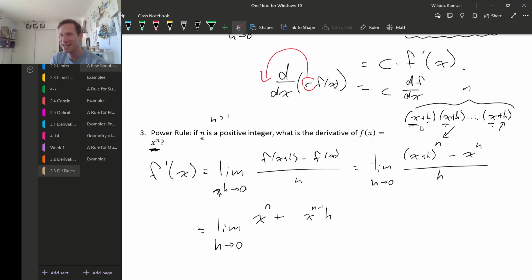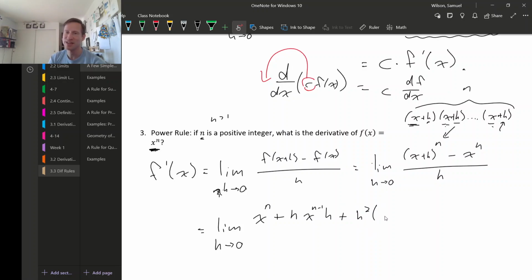Or we could choose an x and then an h and then x's in the rest of them. So how many different ways are there to choose only one h? Well, there are n ways to choose only one h because we have n different factors that we could choose the h from. So there's n ways, n different terms. When we multiply this out, there are n different terms that look like x to the n minus 1 times h. All right, and the rest of the terms all have h squared.